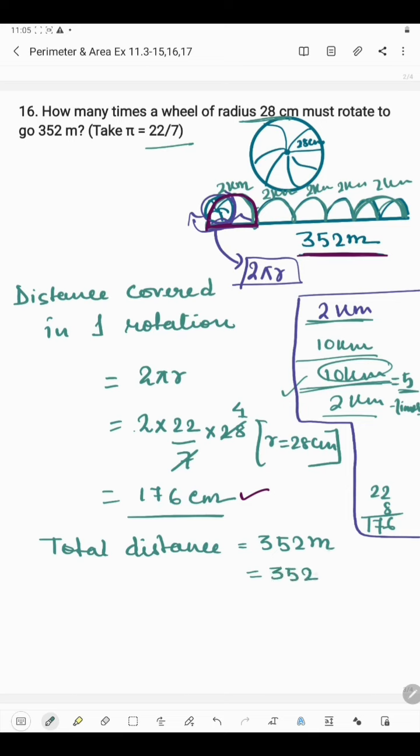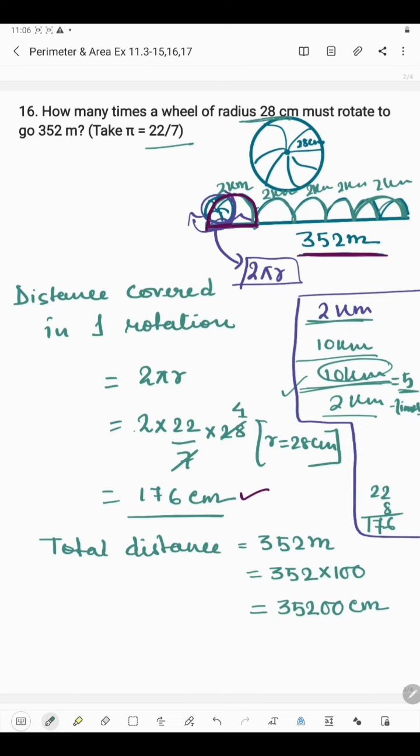To convert from meter to centimeter, we multiply by 100 because 1 meter is equal to 100 centimeter. So 352 and 2 zeros, it will be 35200 centimeter, which is the total distance.